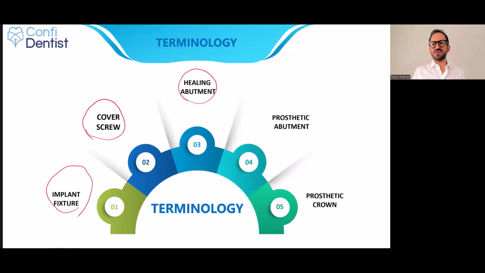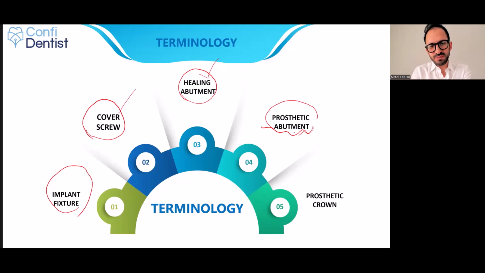In some cases, you can place a prosthetic abutment and consider immediate restoration. I'm not going to go into those details. I'm just talking about the regular routine implant restorations. Finally, once everything is healed and stable, we remove either the healing abutment or cover screw, depending on the treatment protocol.